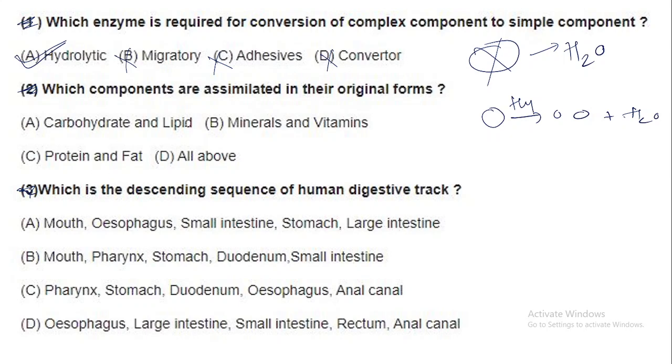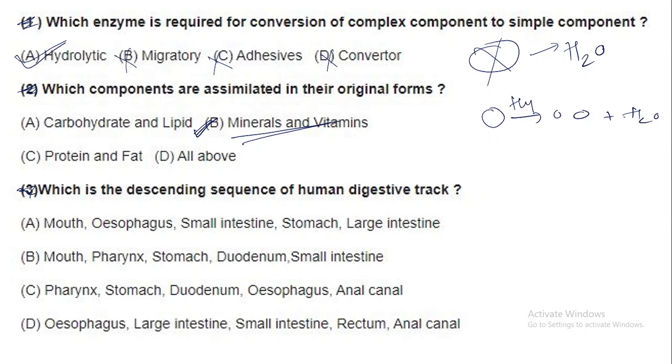Okay, so the right answer here is minerals and vitamins. One point I had also mentioned is that minerals and vitamins do not require any enzyme for breakdown because they are micromolecules. They are the finest form which directly need to be absorbed by the body, and that is what is done. So the right answer here is minerals and vitamins.